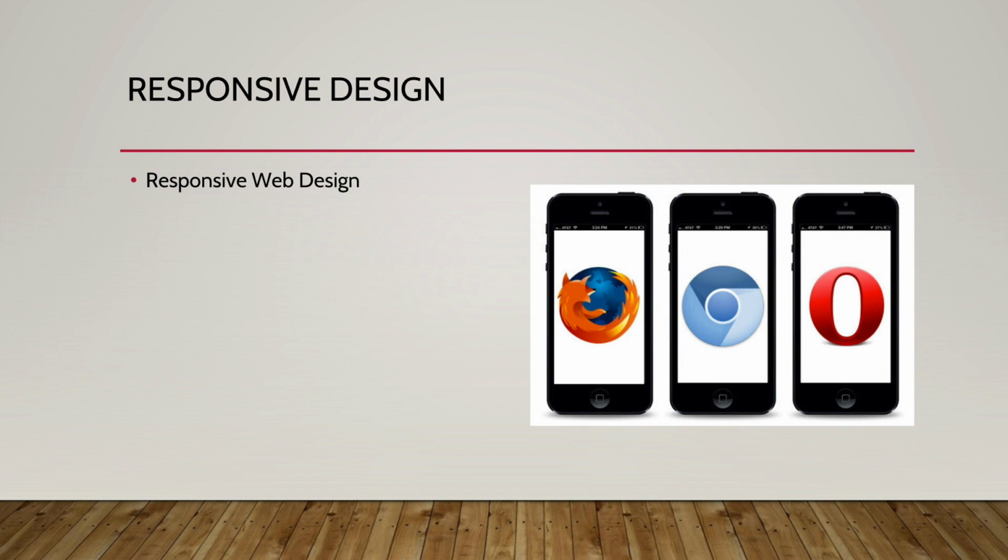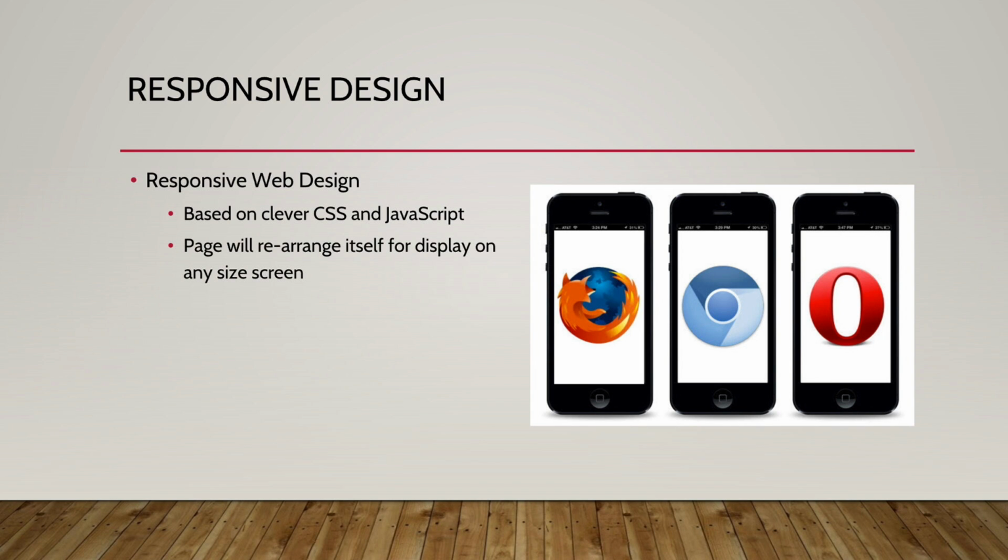So, with responsive web design, you use clever CSS and JavaScript to reorient and redraw the page depending on how much space you have, so that it'll look right when you're on a smaller phone's page, and it'll look right when you're on a larger page. So dynamically, it rearranges itself on the particular screen size available.